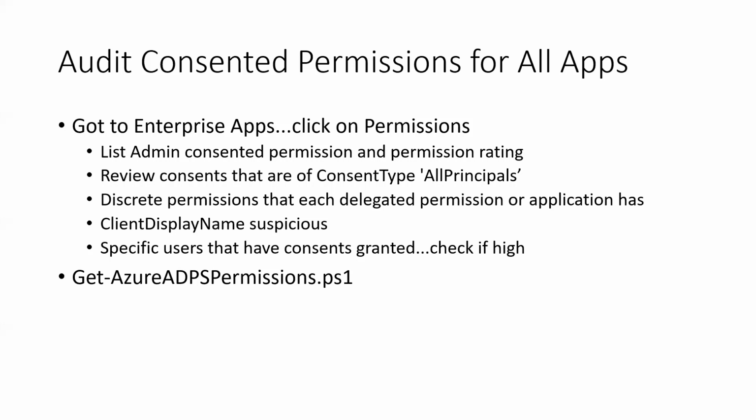You really want to look at specific users that have consents granted and check the consents if it's high. And then also there's a script that Microsoft publishes. It's called Get Azure AD Permissions, and you can run that and it'll dump all this for you. So you can review it in that instead of having to go click through the portal. So it's kind of nice.